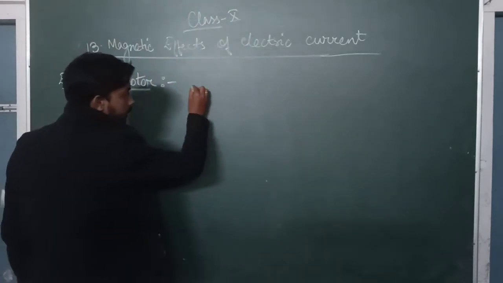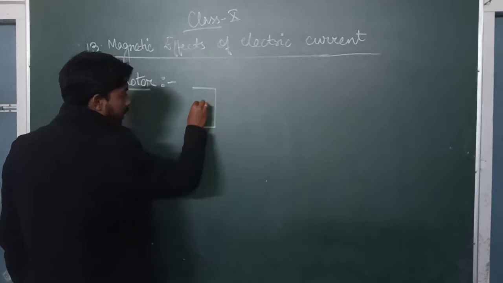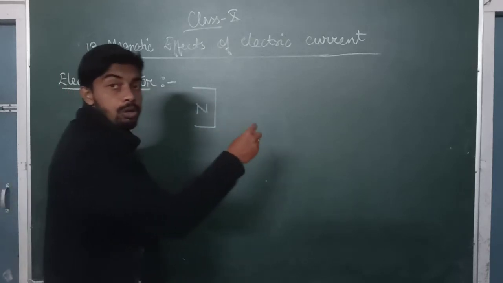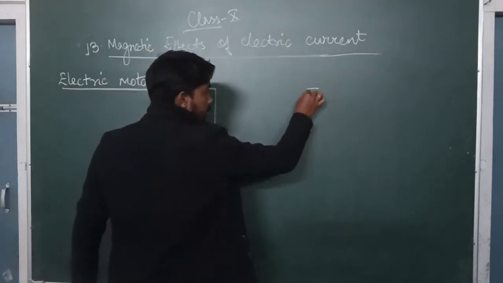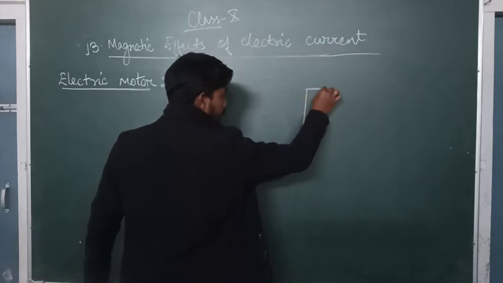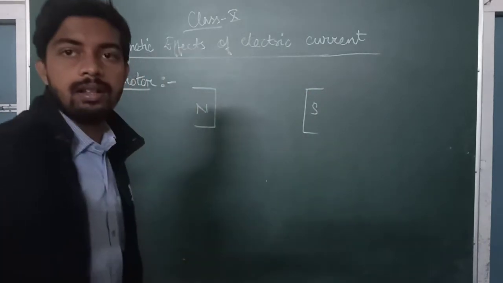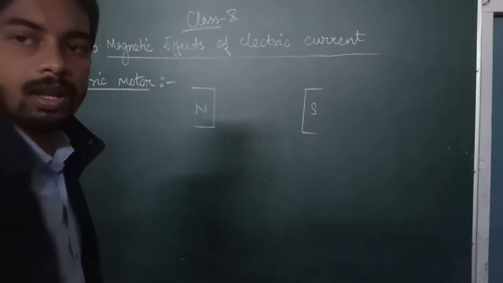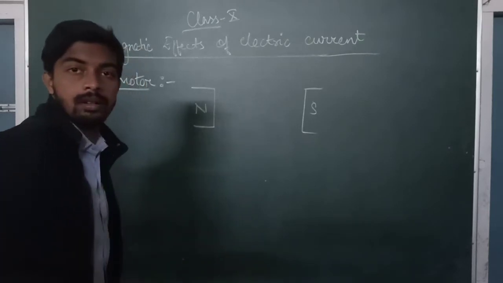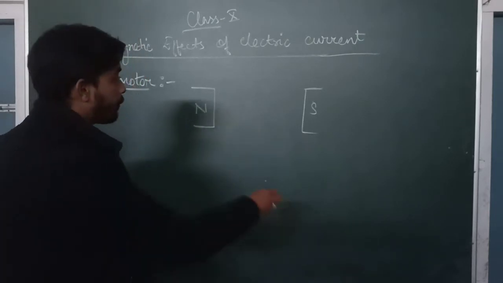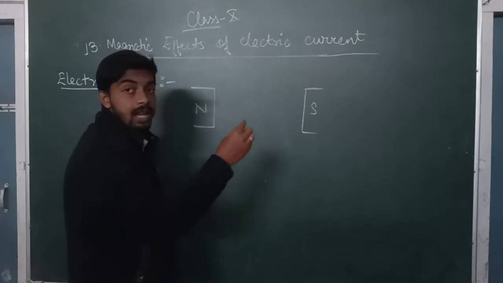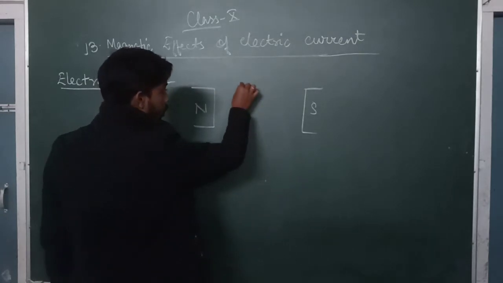First of all, inside the motor there are two magnets, meaning two poles of magnets, north and the south pole, and between these poles the rectangular coil or solenoid or armature is placed.